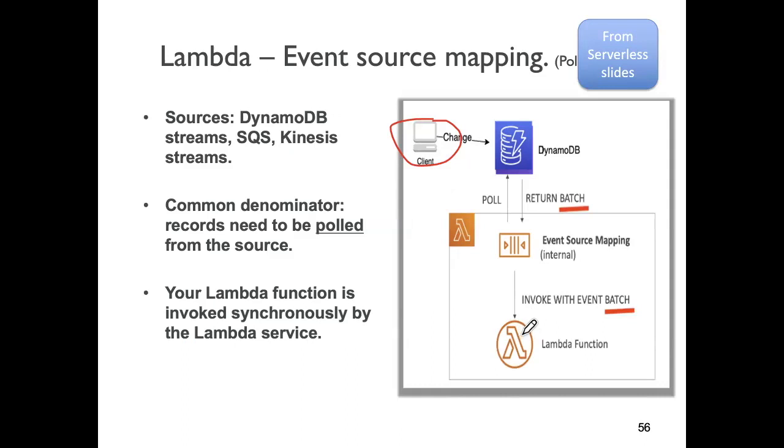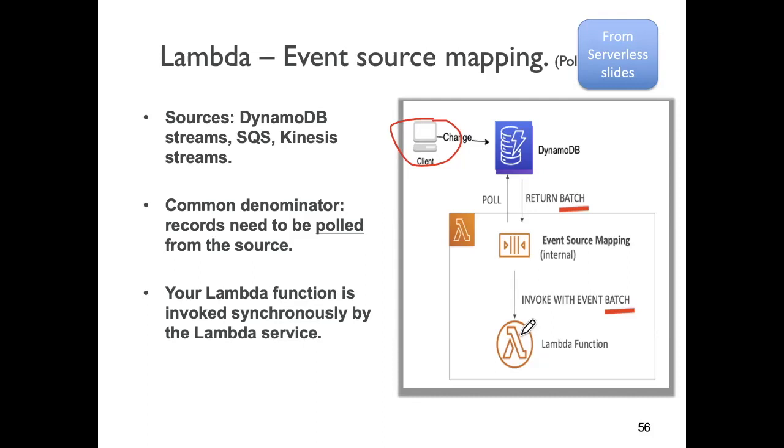And that stream entry will possibly contain the new state of the item, the keys only, the new and old state of the item, as I've just been talking about.